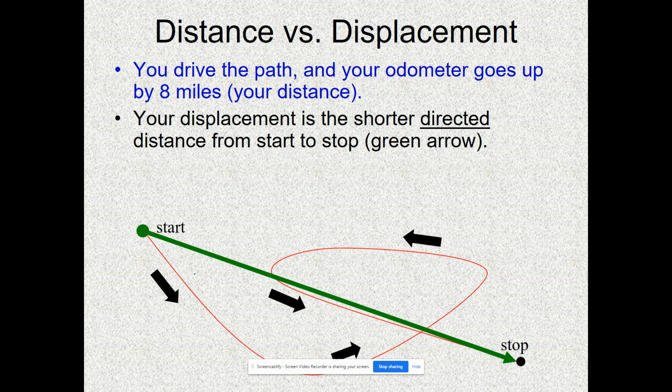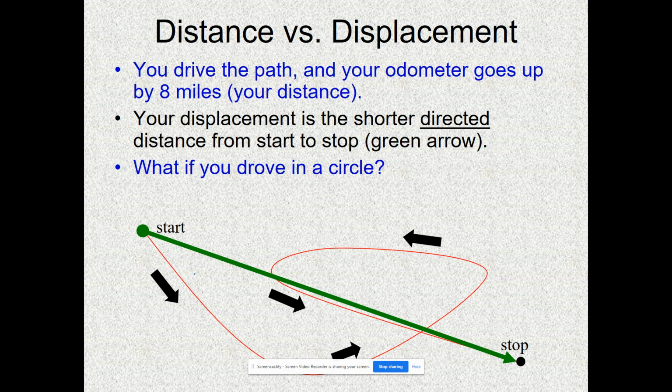But the displacement is basically where did you start versus where did you end up. And so that's going to be the green arrow. And you can see the magnitude is going to be different between distance and displacement here. Not only do we have a shorter magnitude for our displacement, but we also have a direction involved. It looks like it went off there to the east.